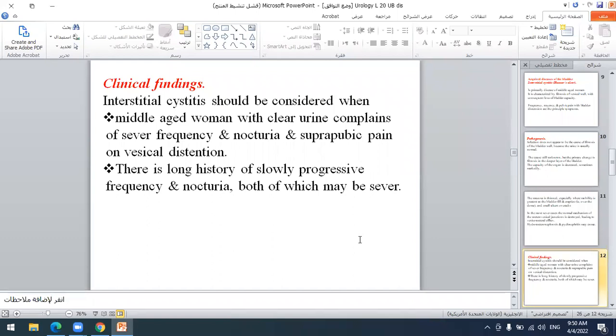Clinical findings. Interstitial cystitis should be considered when middle-aged women with clear urine complain of severe frequency, nocturia, and suprapubic pain on vesical distension. There is a long history of slowly progressive frequency and nocturia, both of which may be severe.